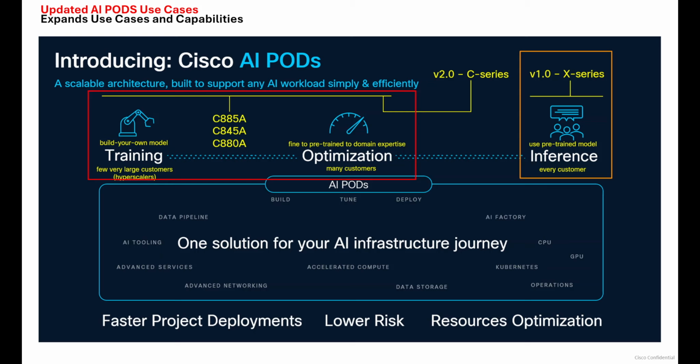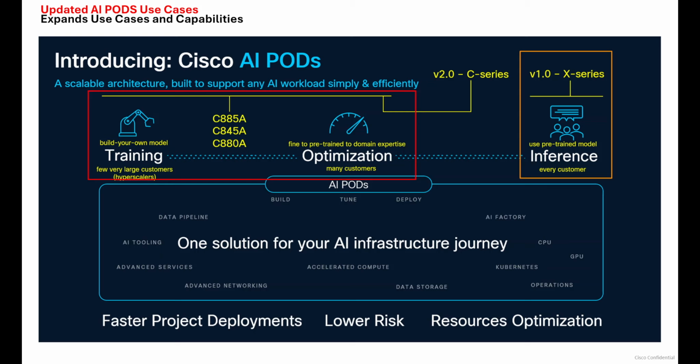With the C series added to the AI pods architecture, we can leverage AI pods for the full gamut, all the way from training, which requires heavy GPU resources, to RAG and fine tuning, which are considered optimization.